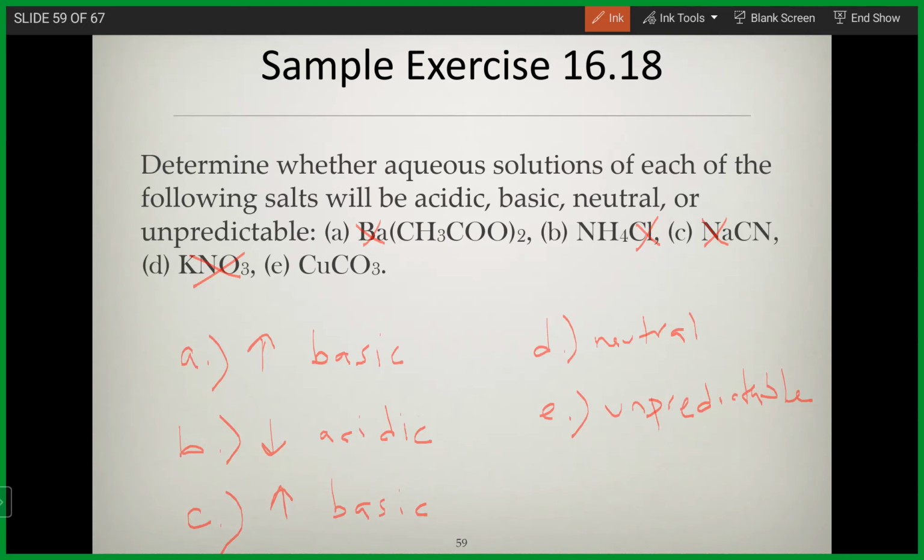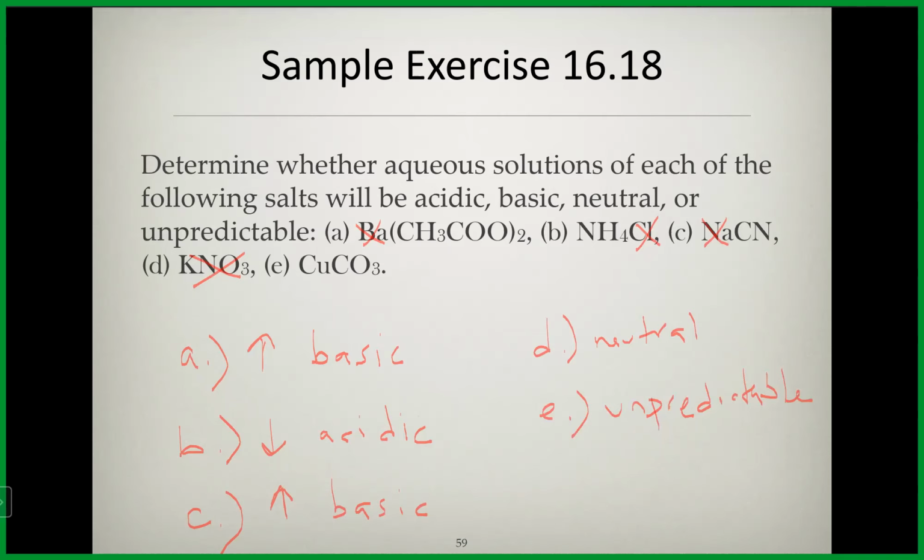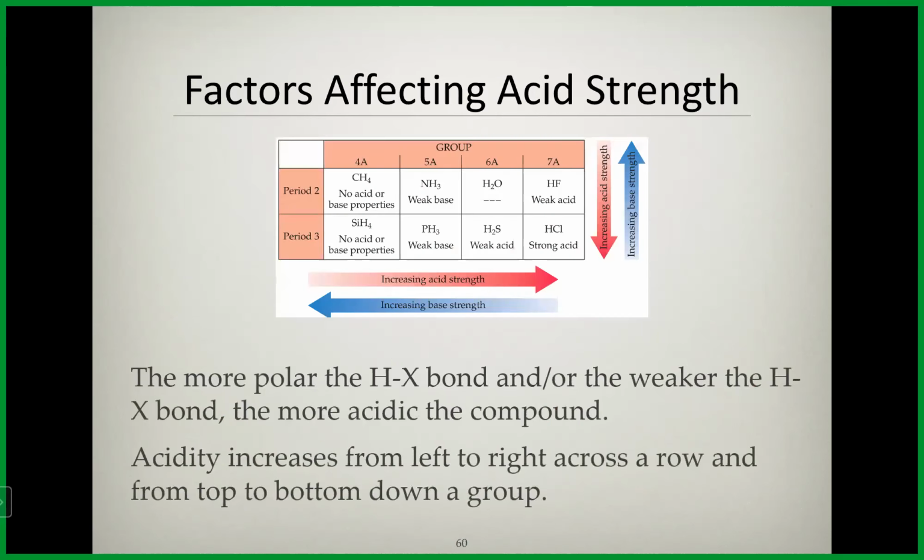But we would have to look to see which one of those is going to take precedence based on the Ka and Kb values. So at this point, we would just say unpredictable. We'd expect it to change one way or the other. We just don't know for certain which way that's going to be without the specific Ka and Kb values for those substances.